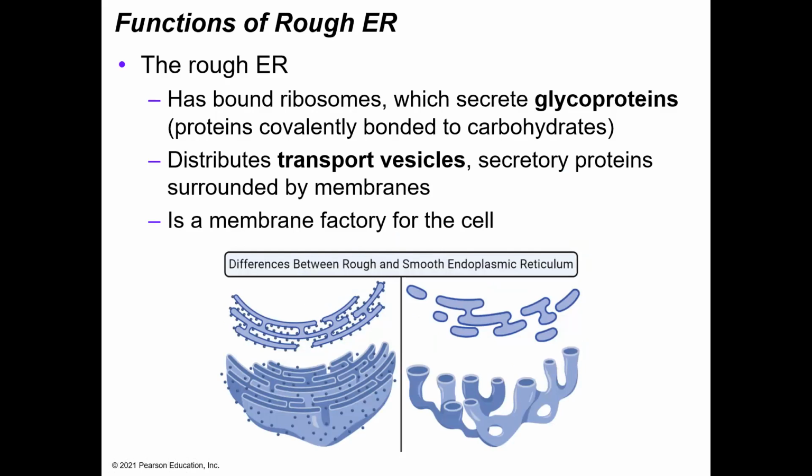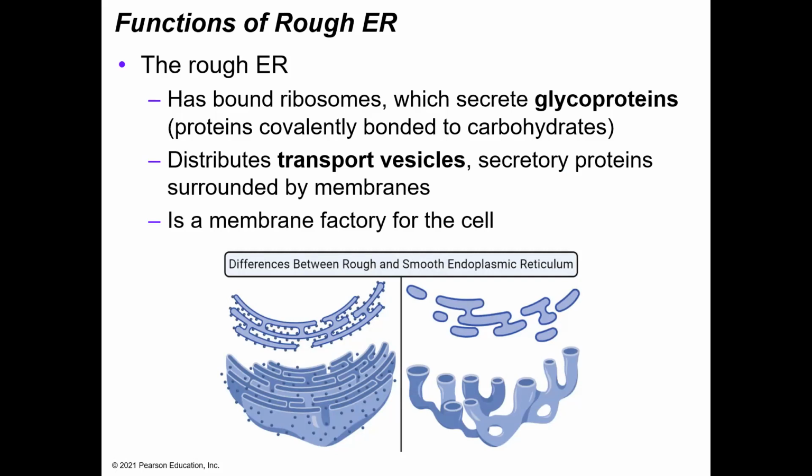Now, the rough ER is a little different in that it has ribosomes that are bound to the plasma membrane, the bilayers that form the rough ER. And these ribosomes produce glycoproteins, which are proteins that are covalently bonded to carbohydrates and which are responsible for a lot of the chemical functions that are needed within the cell and outside of the cell.